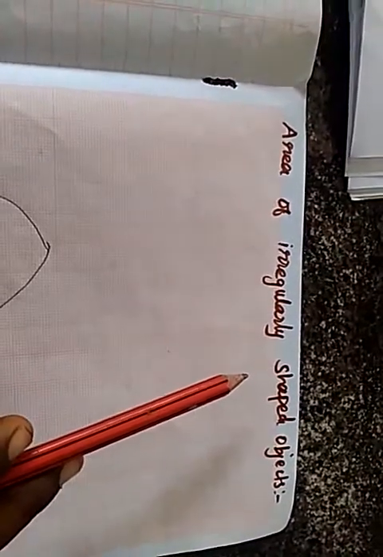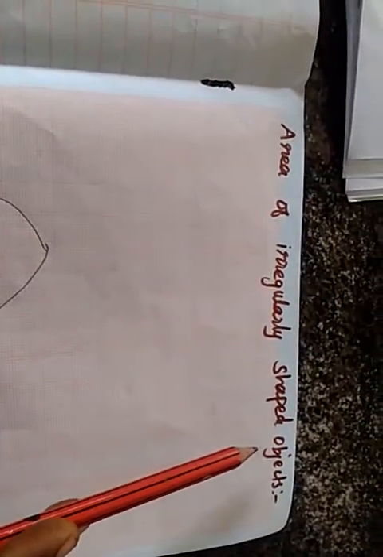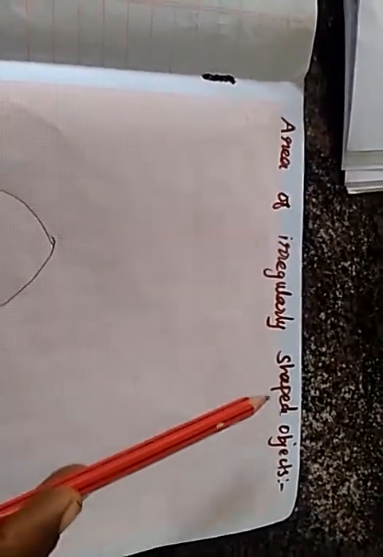So how can we find the area of an irregularly shaped object? We find the area of irregularly shaped objects using a graph sheet.